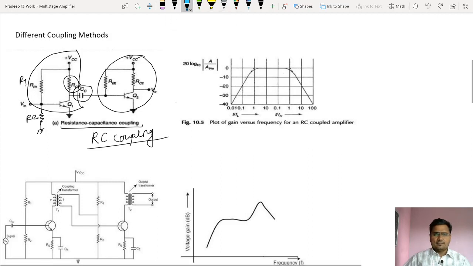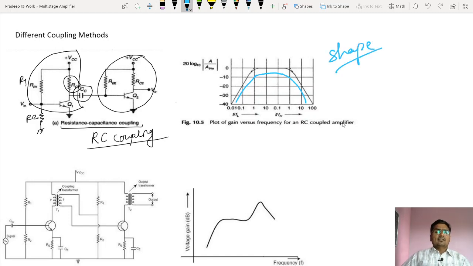Look at this. Here also gain decreases, and at the mid frequency gain is constant. Look at this shape. The shape is same as that of single stage RC coupled amplifier.